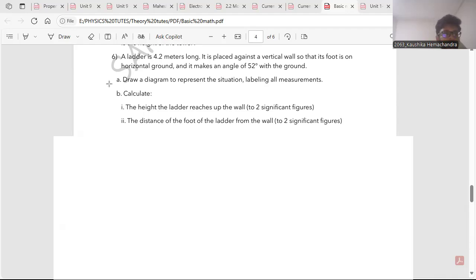So for this, you are given two data values. Sine 52 degrees is equal to 0.788 and cos 52 is equal to 0.62. Take this as 0.79.